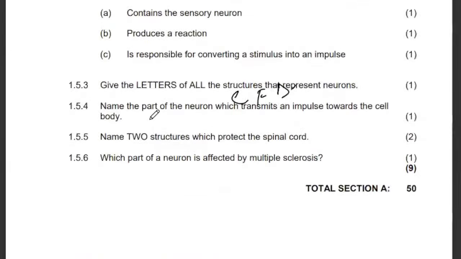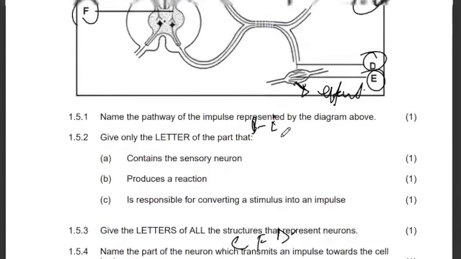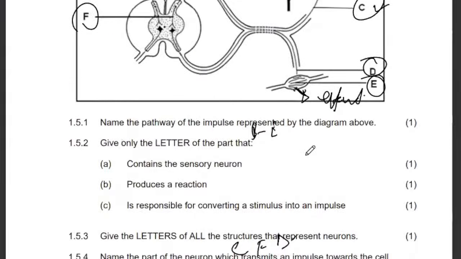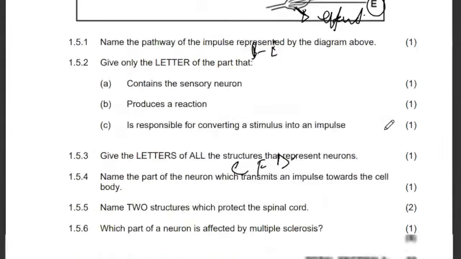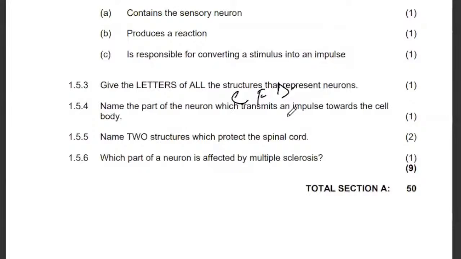But if using the letters, definitely C is going to be the answer. Why? Because C connects to the cell body, which is here at the ganglion. So it means that this first part is talking about the dendrite. So basically, C, which is the dendrite.